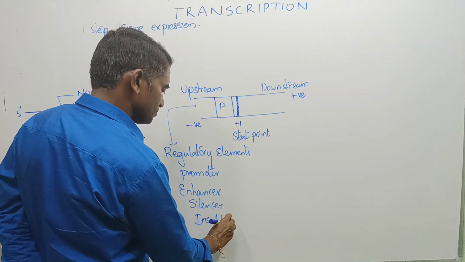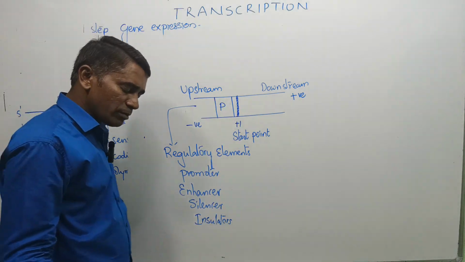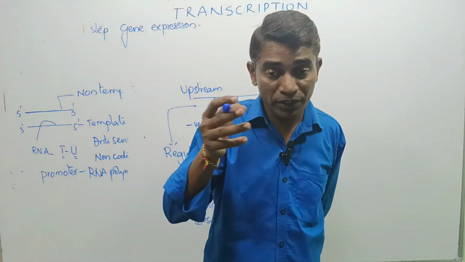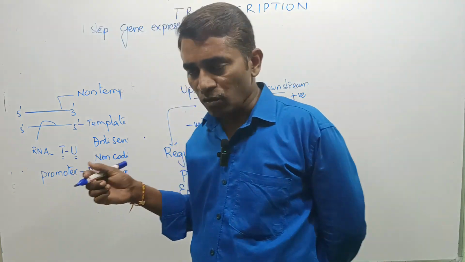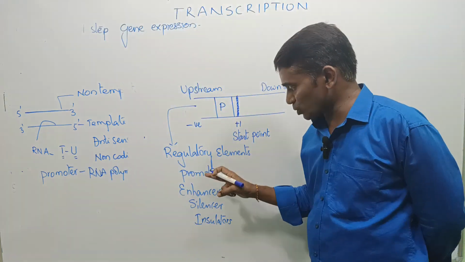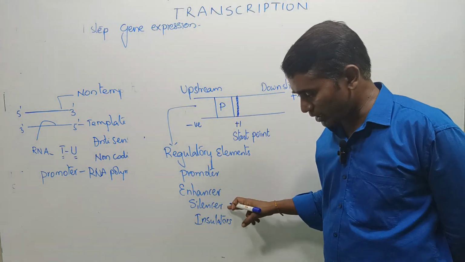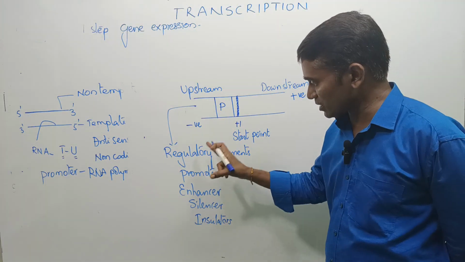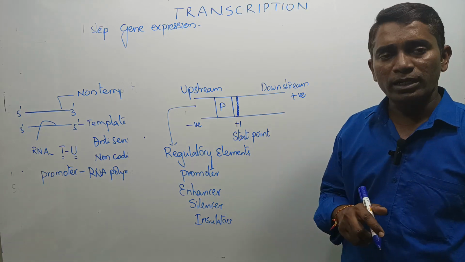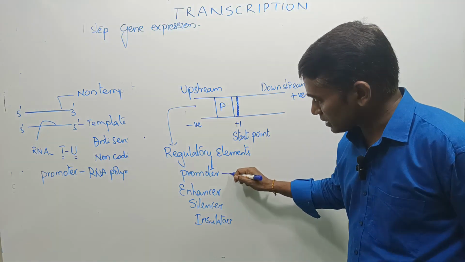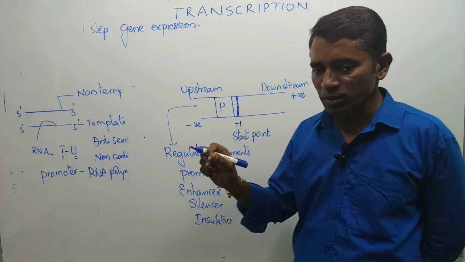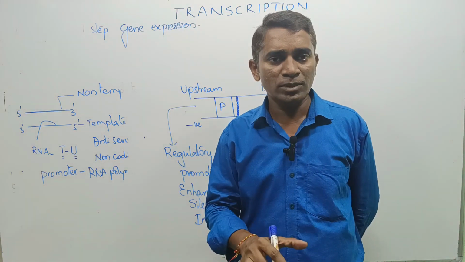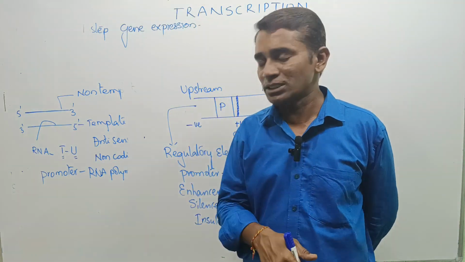What are these? A regulatory element is involved in regulating gene expression, whether the expression has to be enhanced, minimized, or completely prevented. The promoter region is where the RNA polymerase enzyme comes and binds, so this initiates the transcription itself.